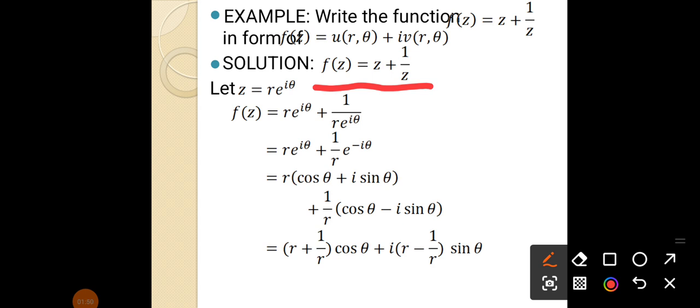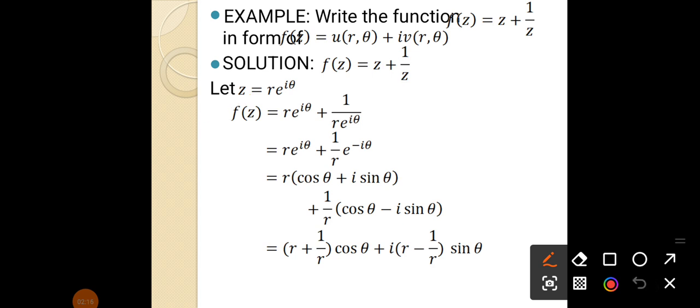Then we put the value of z in f of z. We get r into e raised to i theta plus 1 upon r into e raised to i theta.